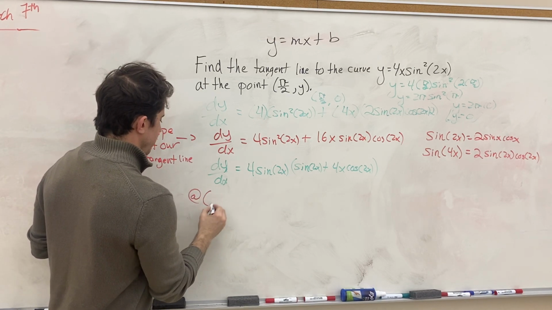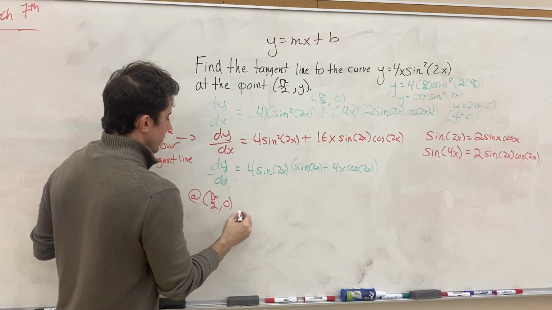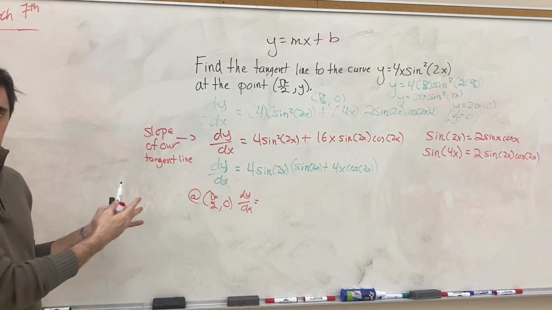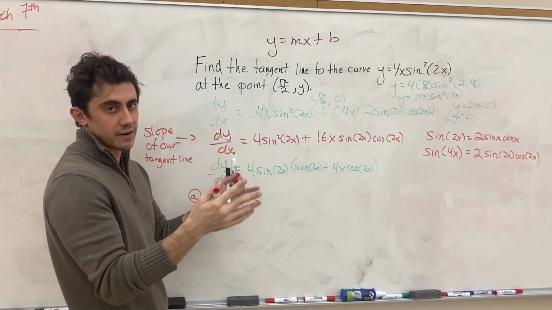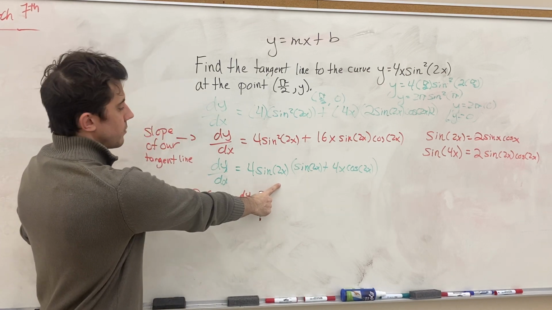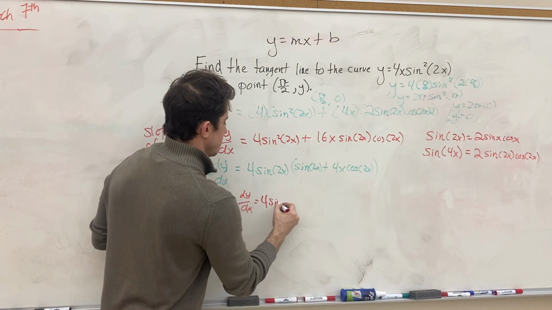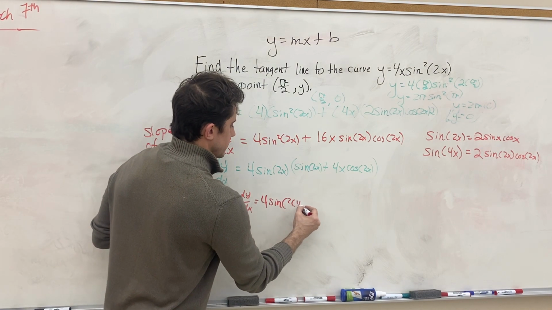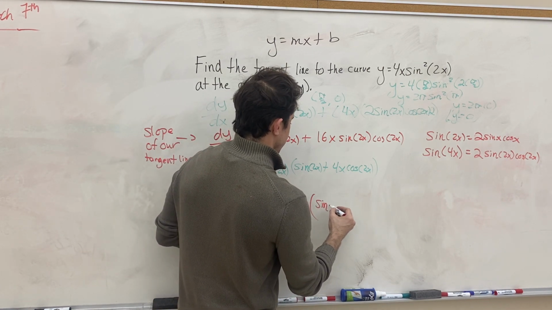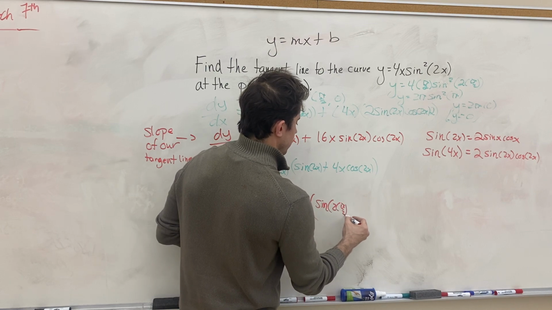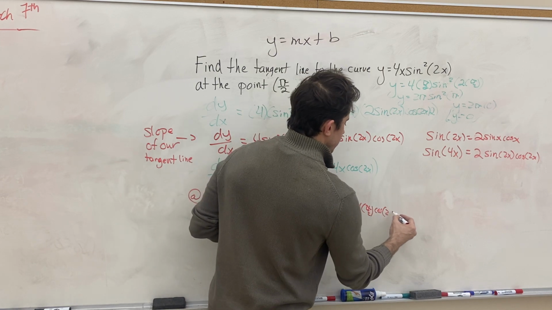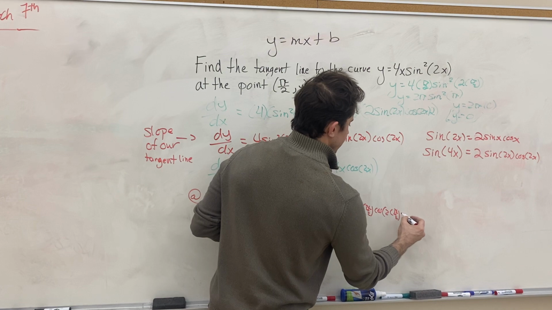So at pi over 2 and 0, dy dx, again, the slope of the tangent line to the curve at that very specific point, the instantaneous rate of change, is equal to, let's plug in that x value into dy dx. So we'll have 4 sine of 2 times pi over 2 times sine of 2 times pi over 2 plus 4 pi over 2 cos of 2 times pi over 2.